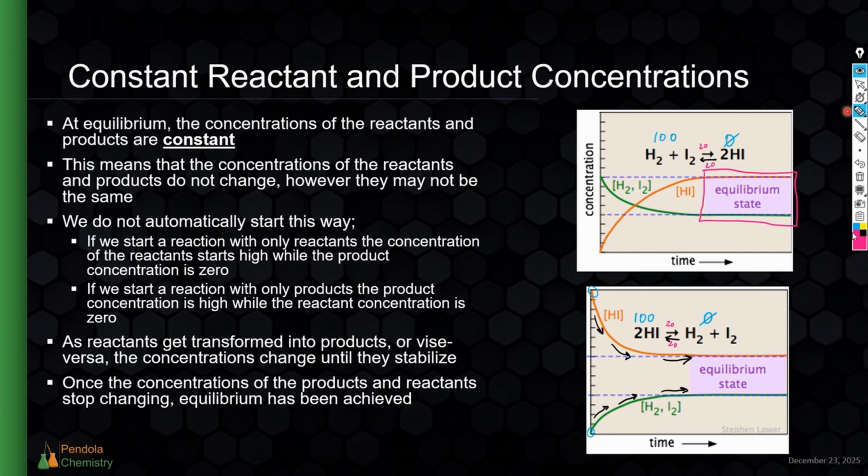So eventually those concentrations are going to stabilize, become constant, and again, be careful with your wording, not the same, constant. And so eventually we reach that equilibrium, and so equilibrium has been achieved. So at equilibrium, the concentrations of the reactants and the products are constant, not the same, constant.